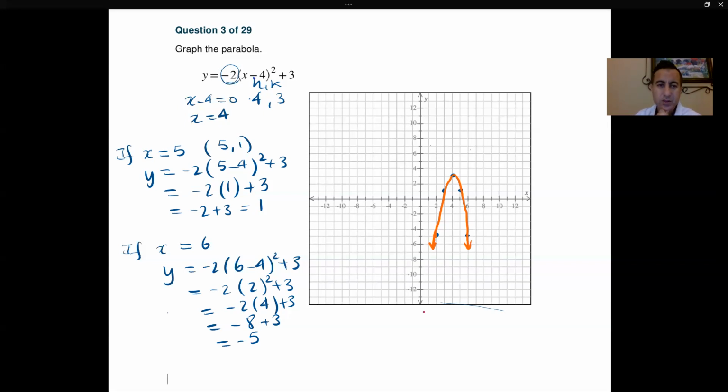That's it. So this is the function, and this is its graph. And you compare 2 and 3, and you understand now how it works for these quadratic functions.